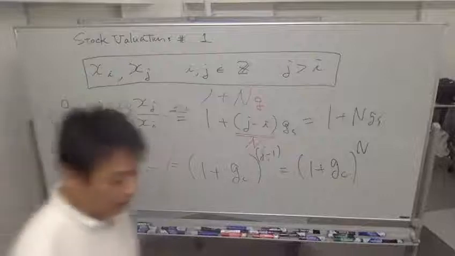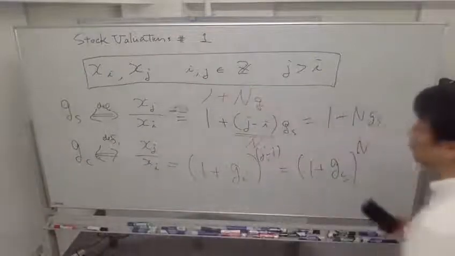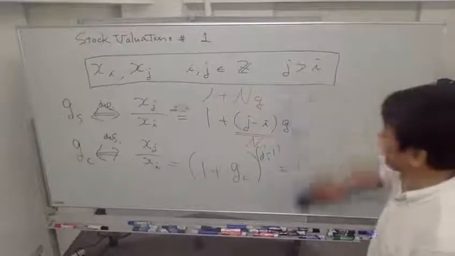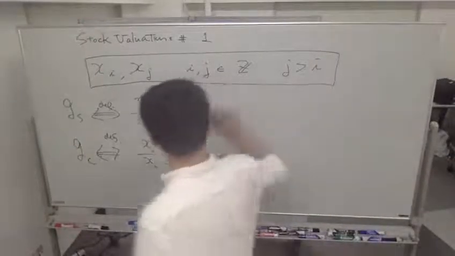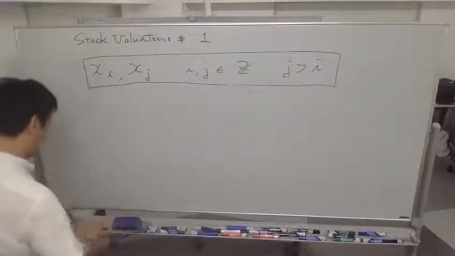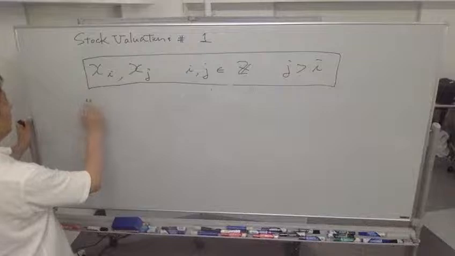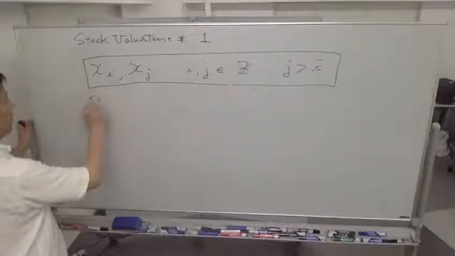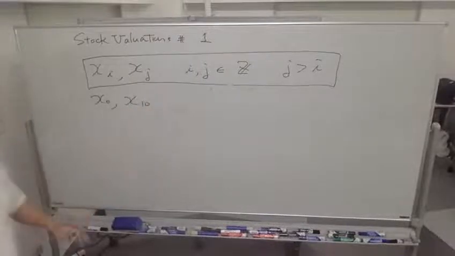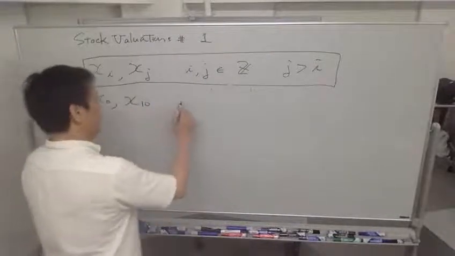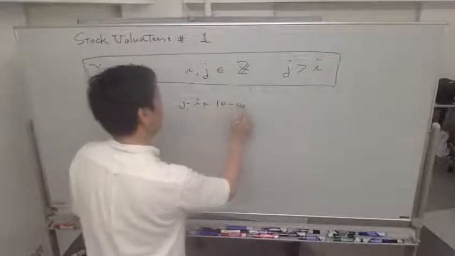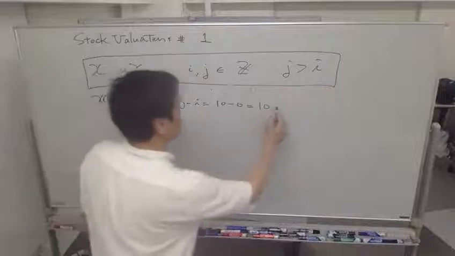I will give you one example so that you can understand these concepts easily. So x0 and x10, j equals 10, which is n.